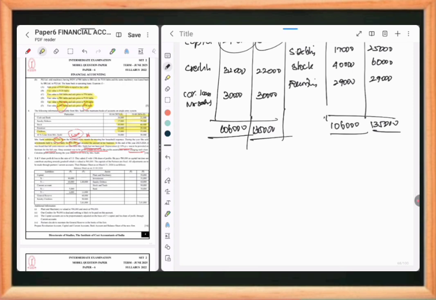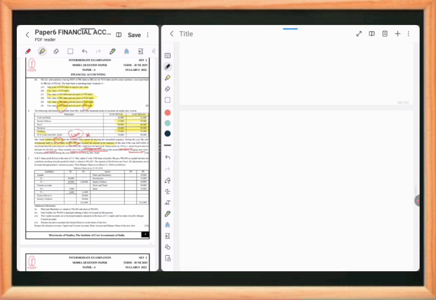Actually, normally we prepare it in statement form. Here, we will find out in ledger format. Statement of profit, P&L account for the period ended 31st March 2024.